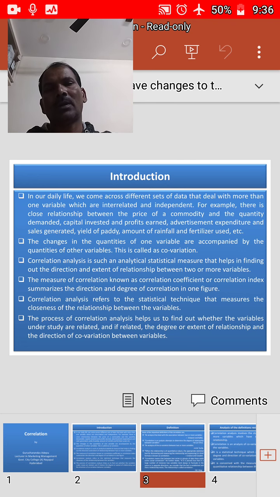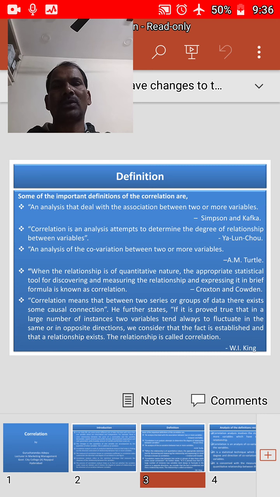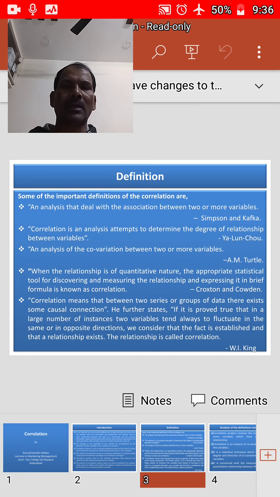And we will see the definitions of correlation first. Some important definitions are there; we will see a few among them. One is an analysis that deals with the association between two or more variables, which is called correlation.